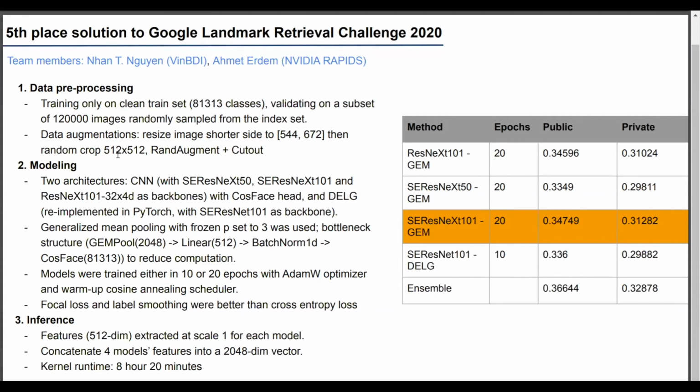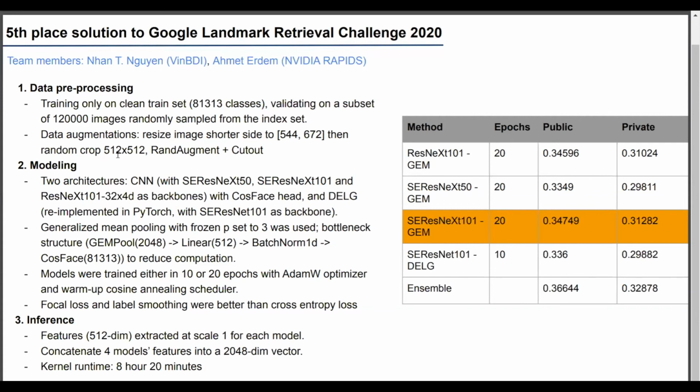All our models were trained in either 10 or 20 epochs with AdamW optimizer and a warmup cosine learning rate scheduler. Through experimentation, we found out that focal loss and label smoothing were actually better than just cross entropy loss.